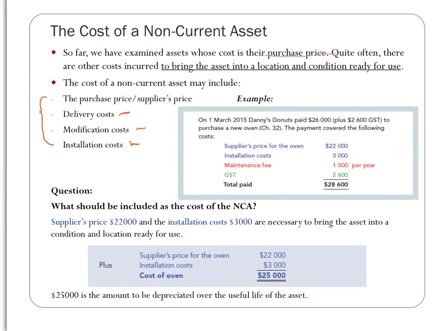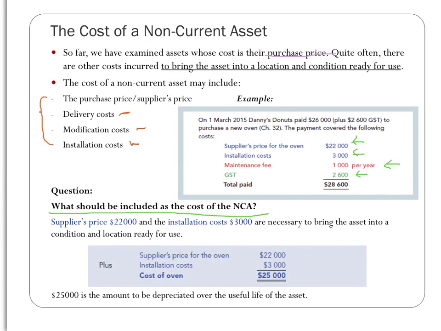There was also an installation cost, $3,000. And you're also told that there's a maintenance fee, $1,000 per year, plus the GST, $2,600. That totals up to $28,600. So the question for you to consider is what should be included as the cost of the non-current asset.